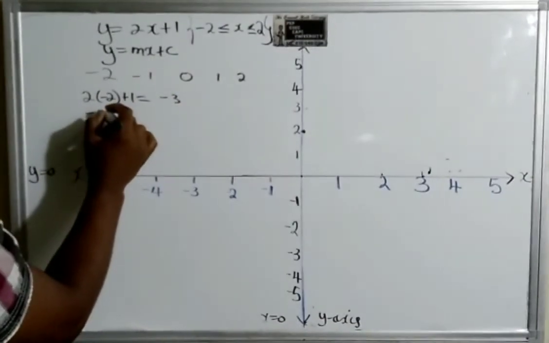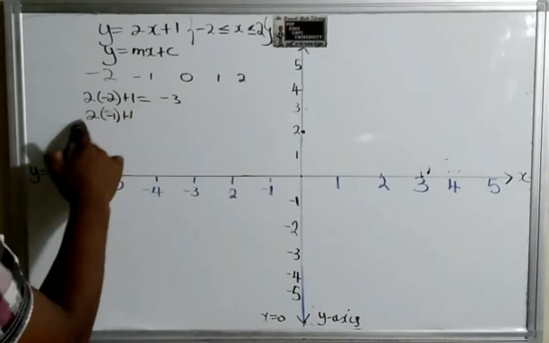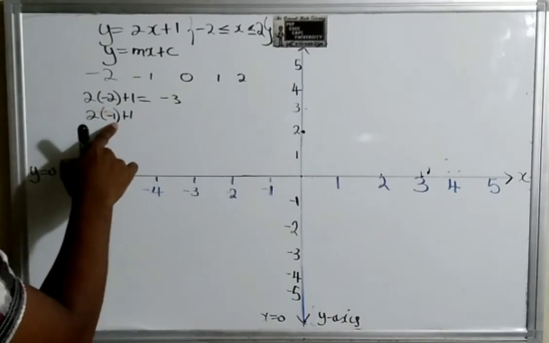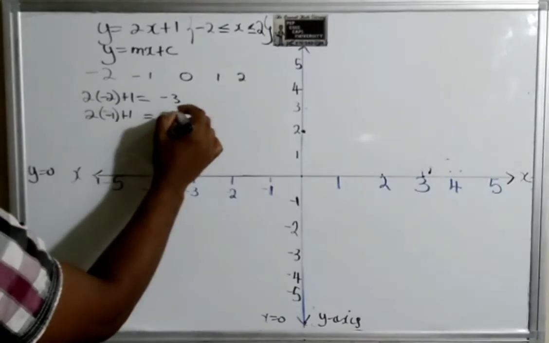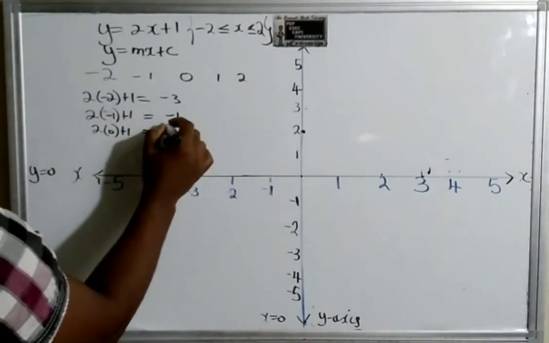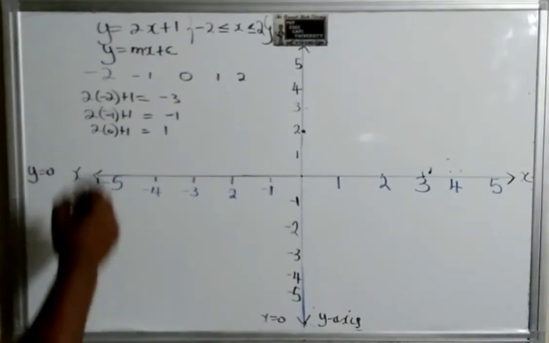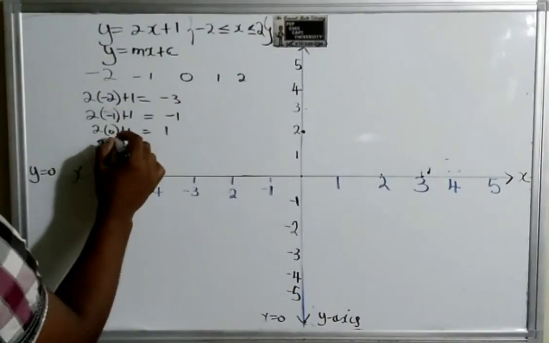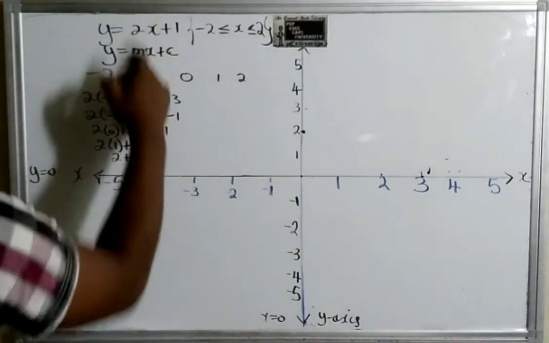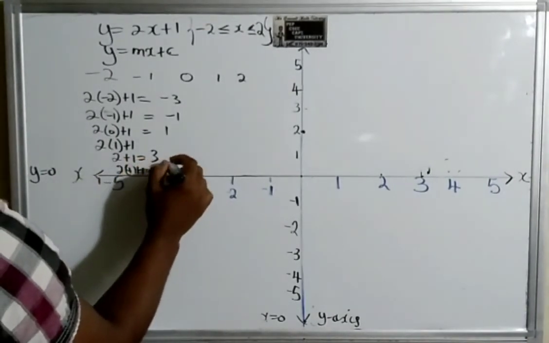For -1, it would be 2 times -1 plus 1, so -2 plus 1 equals -1. And for 0, we don't even have to work it out. It's always this, right? So the intercept is when x is equal to 0. Next, we have 2 times 1 plus 1, 2 ones are 2, plus 1 equals 3. And for 2, 2 twos are 4, plus 1 equals 5.